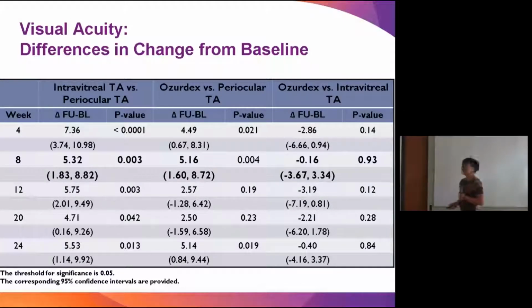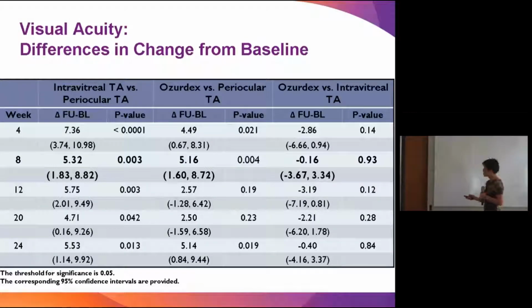Now let's get to the interesting one, intraocular pressure rise. If we just look overall, all of them cause raised intraocular pressure, all of them. 20% periocular, 30% triamcinolone, 40% Ozurdex. Let's compare them.